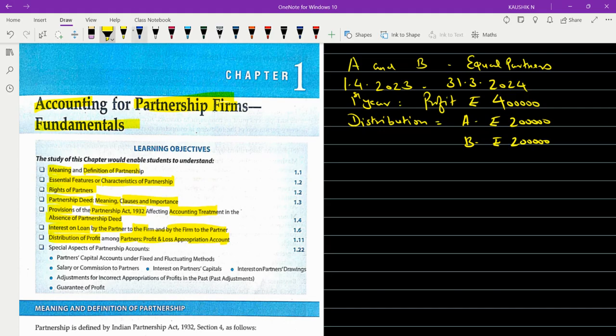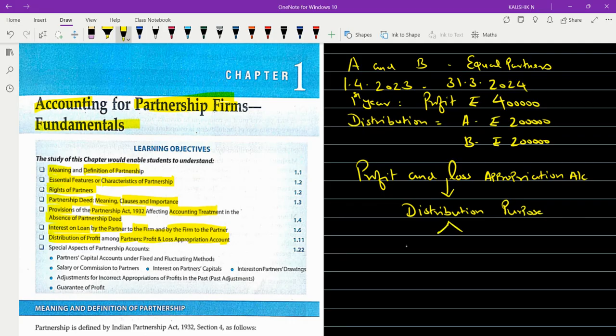You can make a note: profit and loss appropriation account is used for distribution purpose.